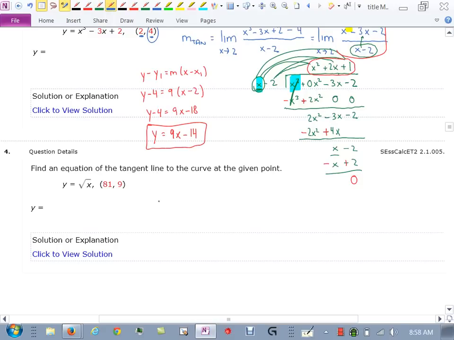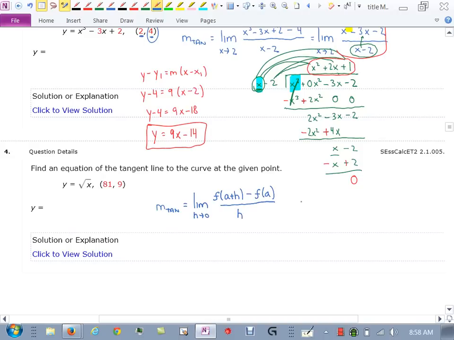So here's what I'm using. The slope, got to keep remembering to use my smaller pen there. Slope of the tangent line could be limit h approaches 0, f of a plus h, sorry, minus f of a over h. That's one way to do it.